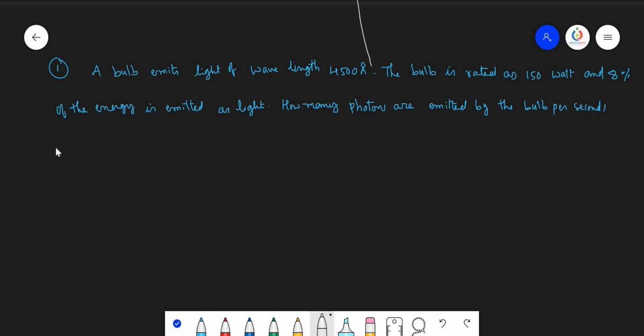So let's try to solve this question. Solution. First of all, you see the information here. They said power. We know that power equals energy per second.